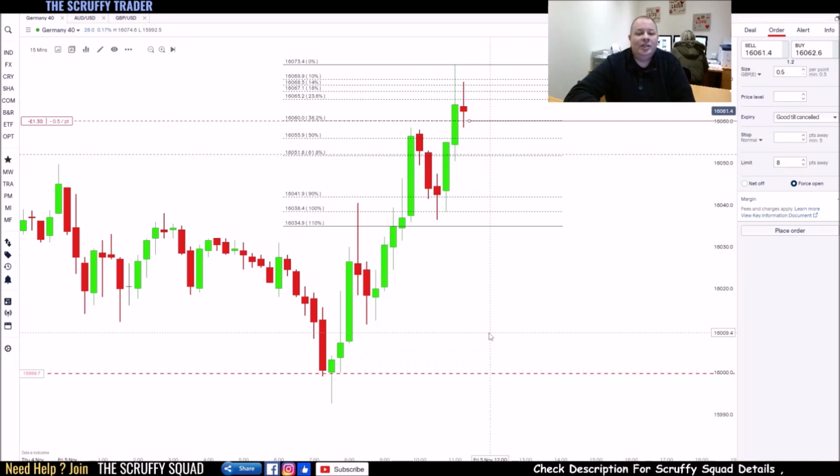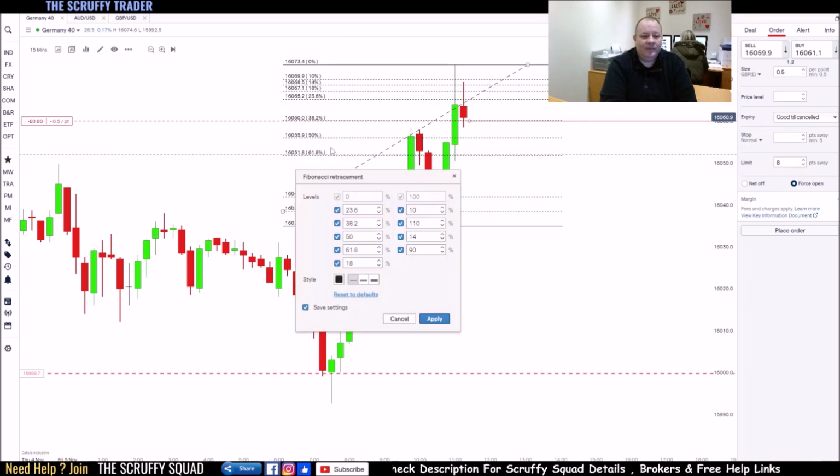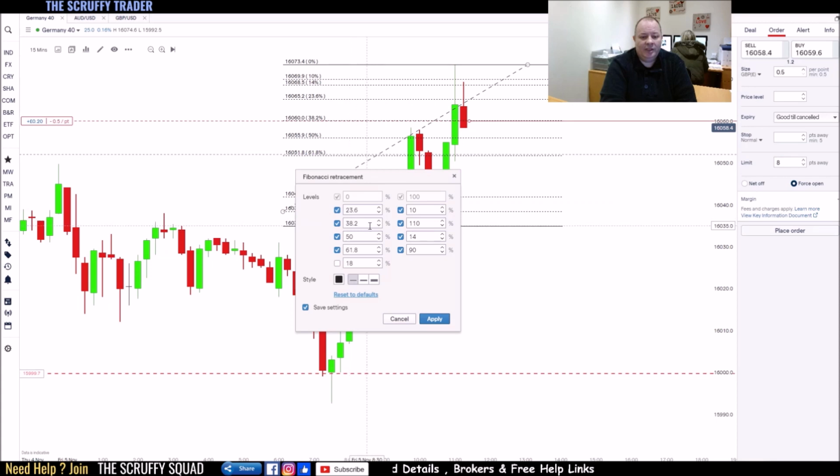But why did I measure that out in the first place? Well, it's very simple. As you can see with Fibonacci, actually I'll clean this up a bit so you can see it. I'll take a couple of my extra bits off. Take that 18 off. Just edit that. Take the 14 off as well.